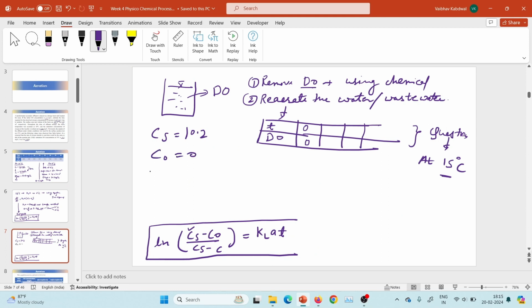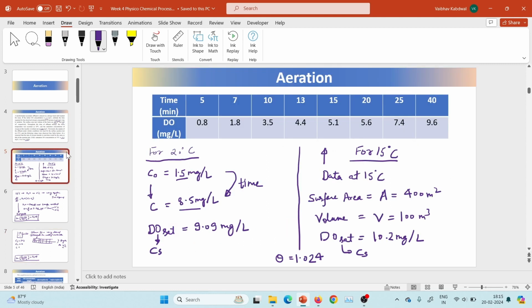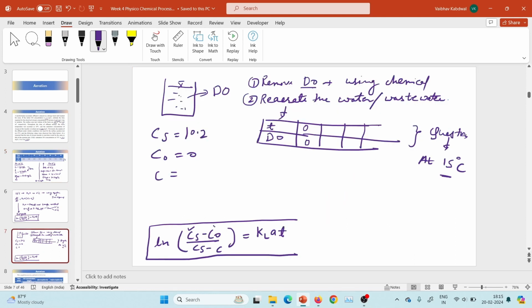C0 will be 0, and C is given in this question. C0 is 0, C is given, and KLA we have to calculate. Time is also given.